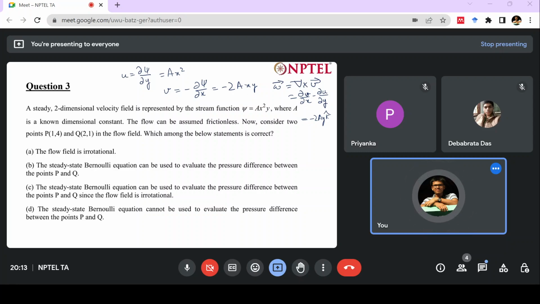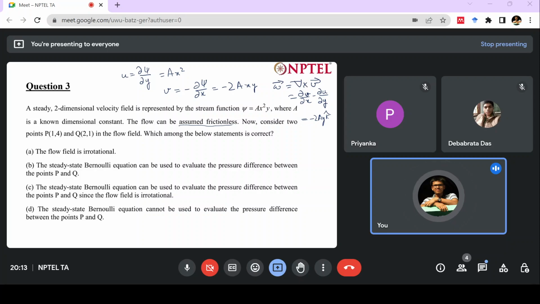It's already given that the flow can be assumed frictionless. Otherwise, we would have additional difficulties where we would have to prove that the non-diagonal elements of my deviatoric stress tensor are zero. Because the diagonal ones don't matter, since we can consider the Stokes hypothesis. If the Stokes hypothesis is considered, the diagonal components are basically neglected.